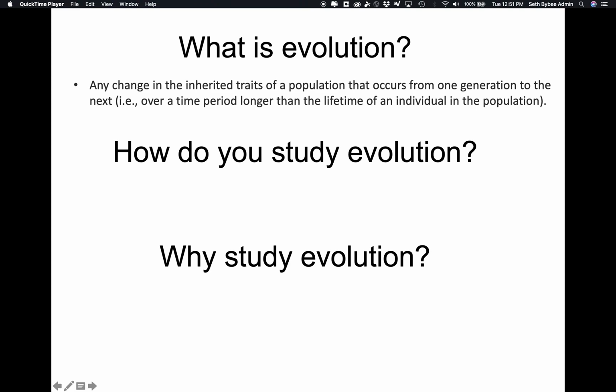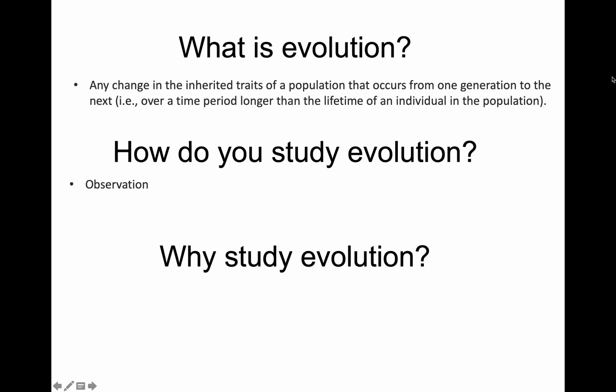How do you study evolution? You study evolution by observation, just like any science anywhere. You observe. Experimentation is another one. We've actually done some experiments in my lab that have been really cool to try and understand some of the evolutionary mechanisms and scenarios out in nature.